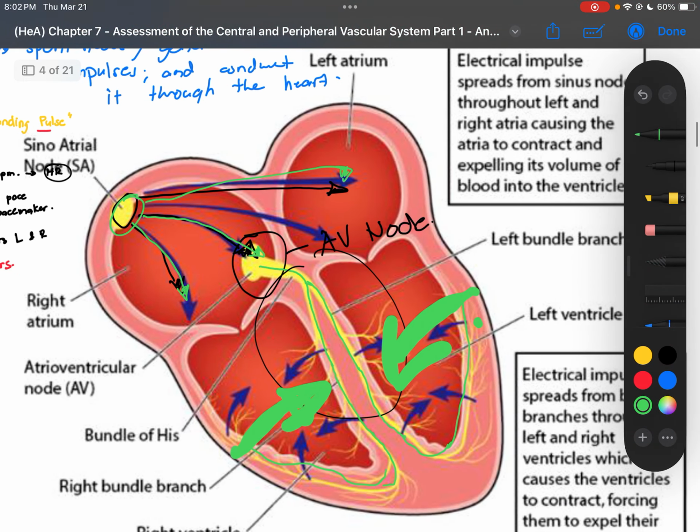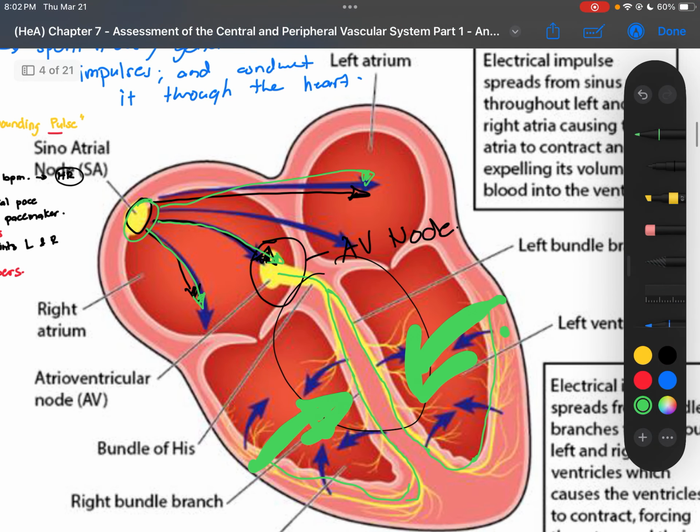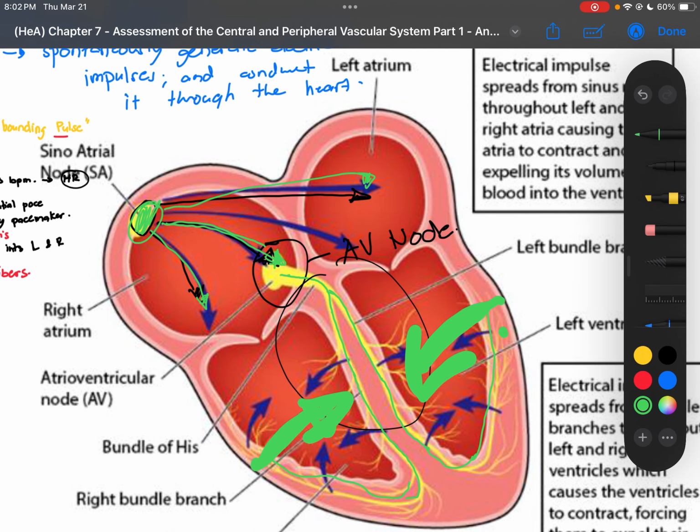So, the cardiac cycle: the SA node will send an impulse to your atria. The AV node will receive it after a short delay. The AV node will then send it to your bundle of His and then to your Purkinje fibers. Once it reaches the Purkinje fibers, the ventricles will now contract.